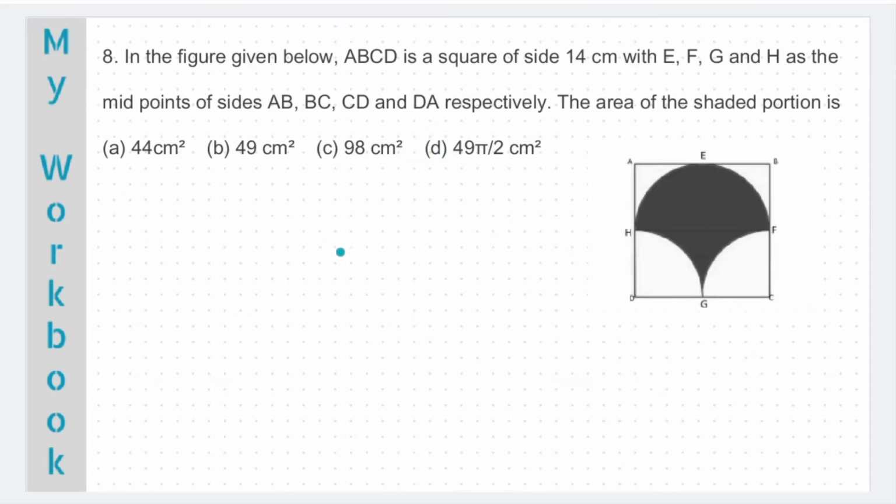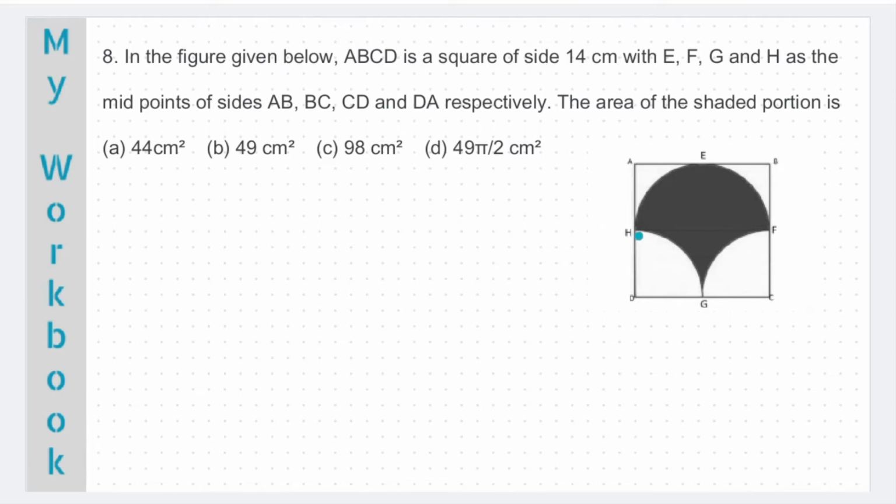Question number 8. In the figure given below, ABCD is a square of side 14 centimeter. E, F, G, H are the midpoints of the sides AB, BC, CD and DA respectively. The area of the shaded portion is.